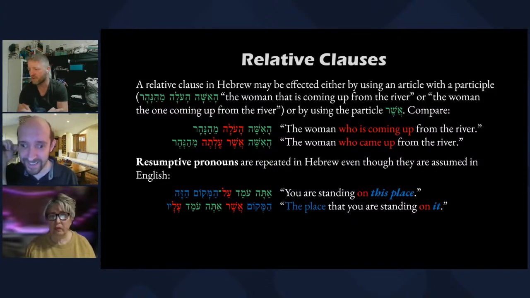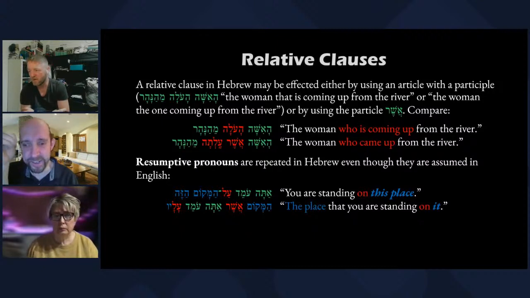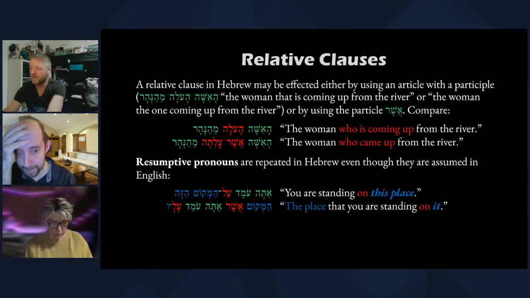You are standing upon this place. You are standing on this place. If we wanted a relative clause, we say hamakom, the place, asher ata omed alav, the place which you are standing upon it. And we can't say without it.